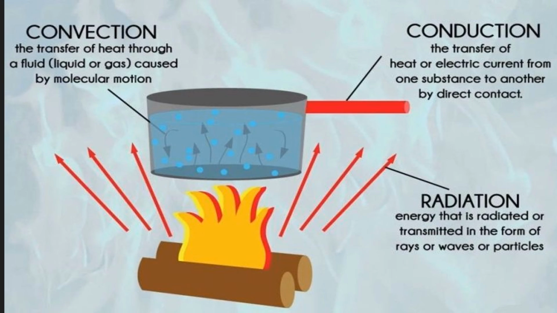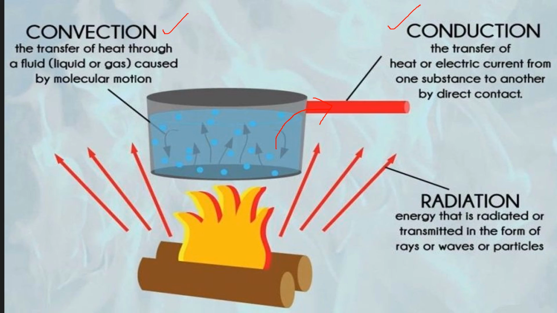So let's sum up what we have learned in this particular video. There are three types of heat transfer: conduction, that is the transfer of heat energy from one substance to another through direct contact. Through this pan to this particular handle, conduction is occurring.